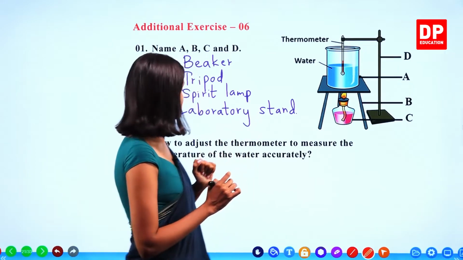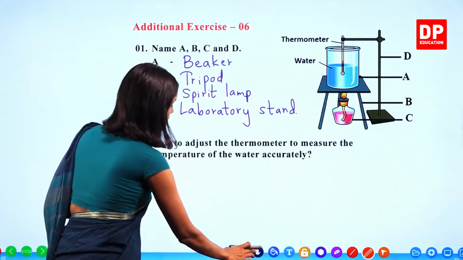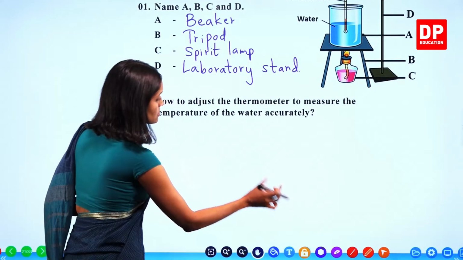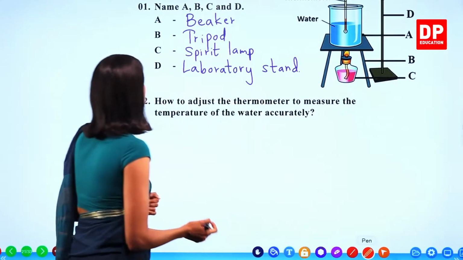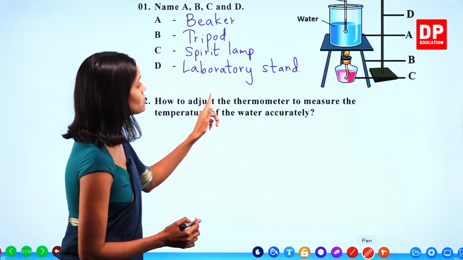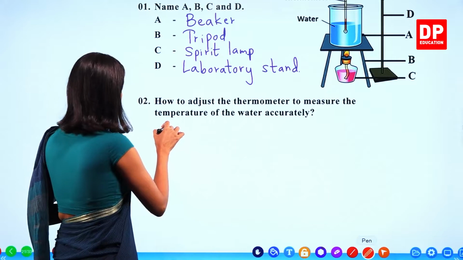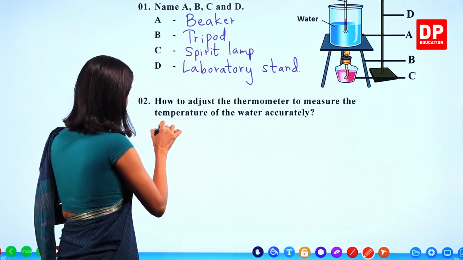Right? Let's write this. How to adjust the thermometer to measure the temperature of the water accurately. Number 1.